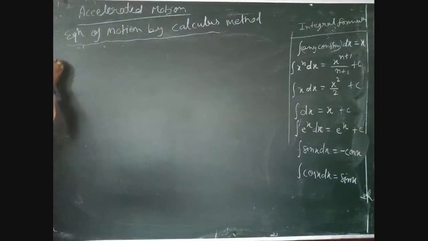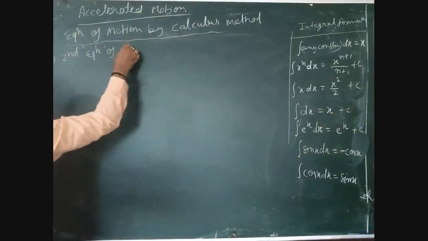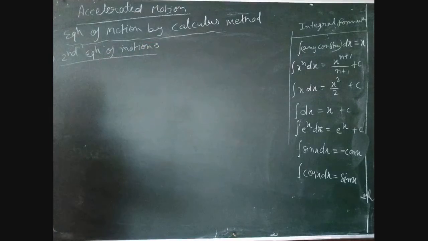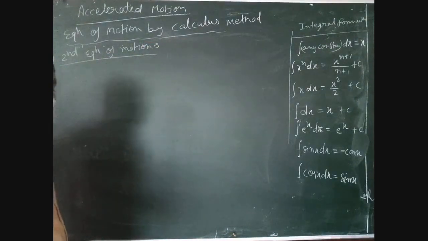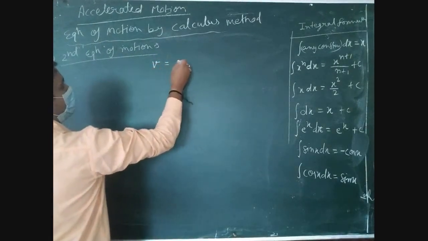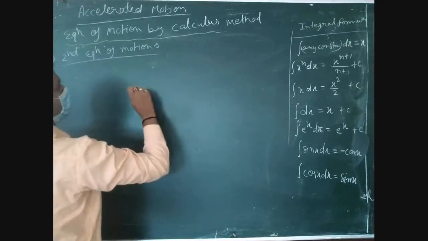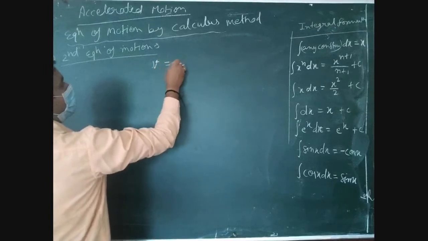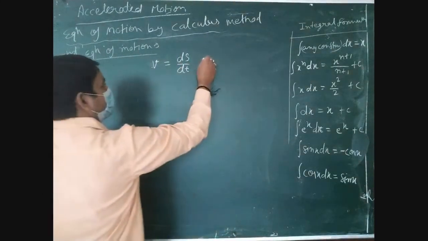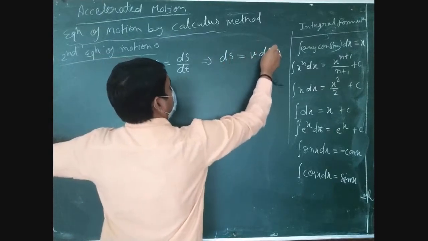Second equation of motion. For the second equation of motion, velocity is given by v equal to ds upon dt, so ds is equal to v dt.